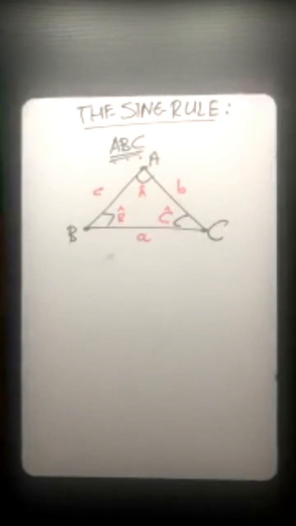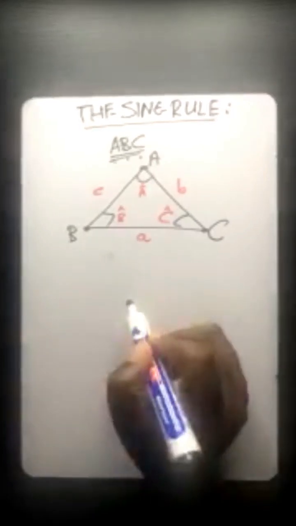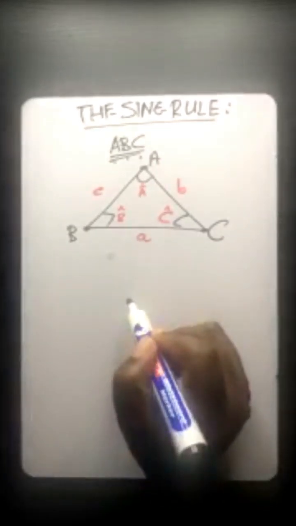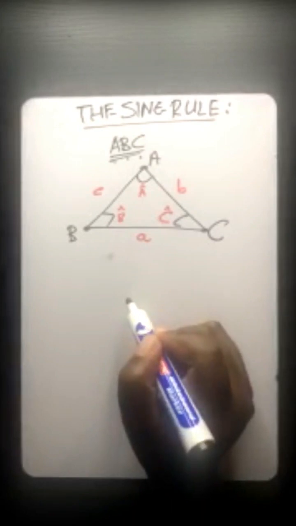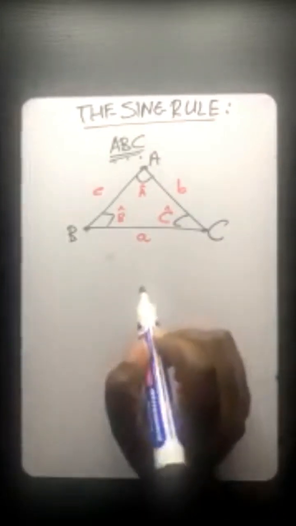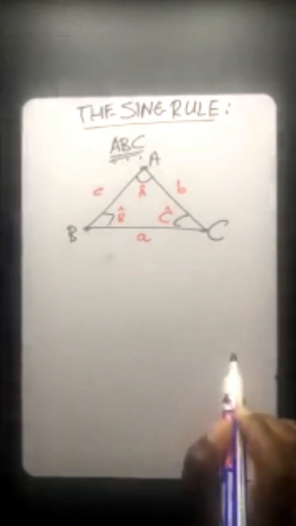Very quickly, let me explain or write down how the sine rule formula looks. It doesn't matter whether you start with the side or the angle, but let's start with the side.